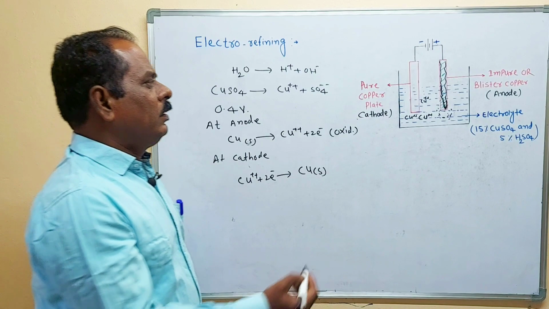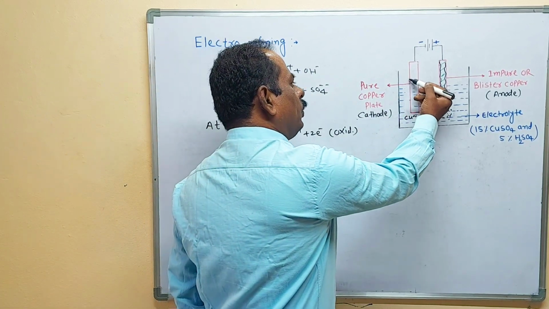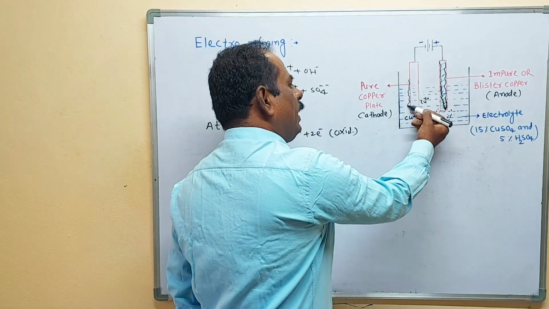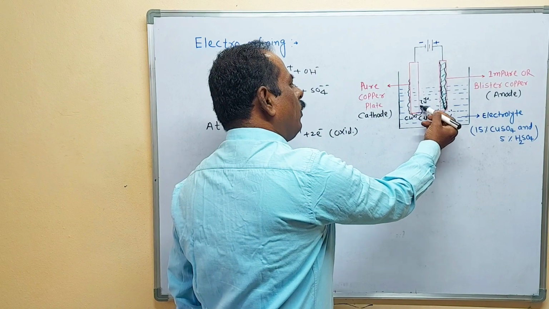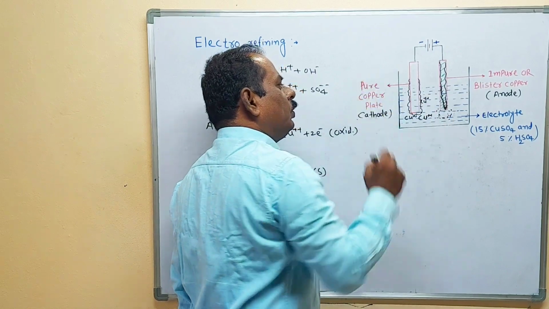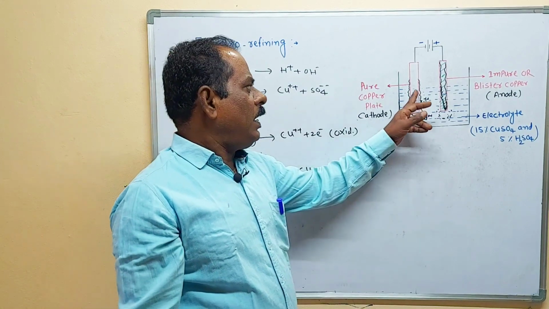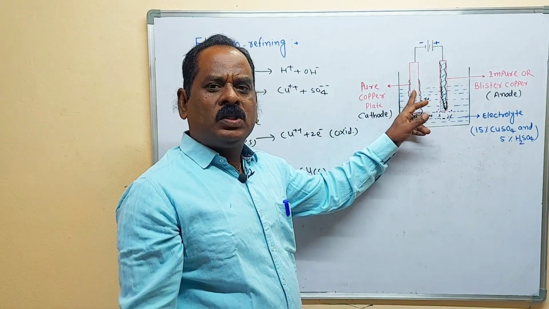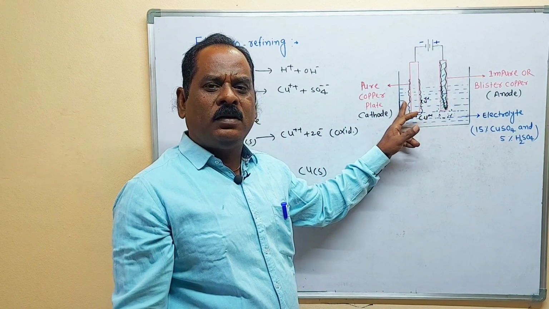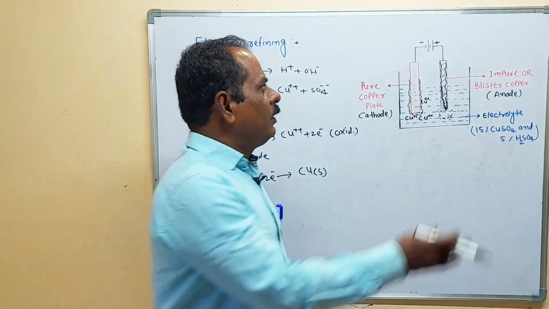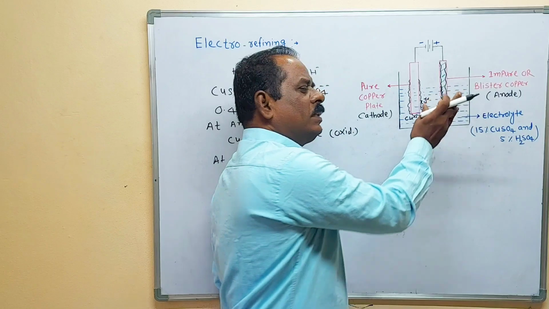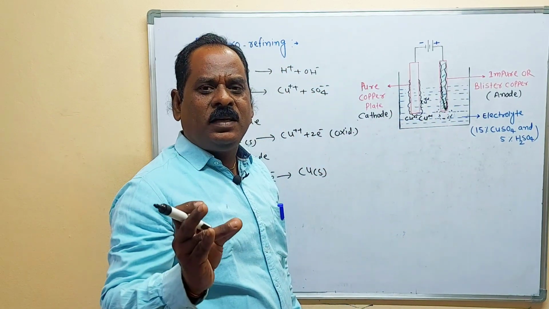It means that on the surface of the cathode, a brown layer of copper slowly forms, so the size of the cathode gradually increases. Simultaneously, the size of the anode gradually decreases. Why is it decreased?